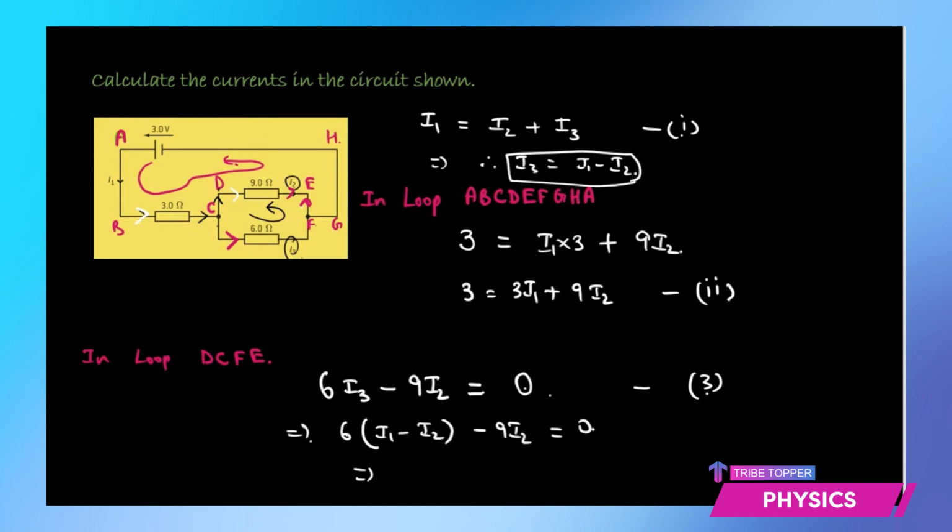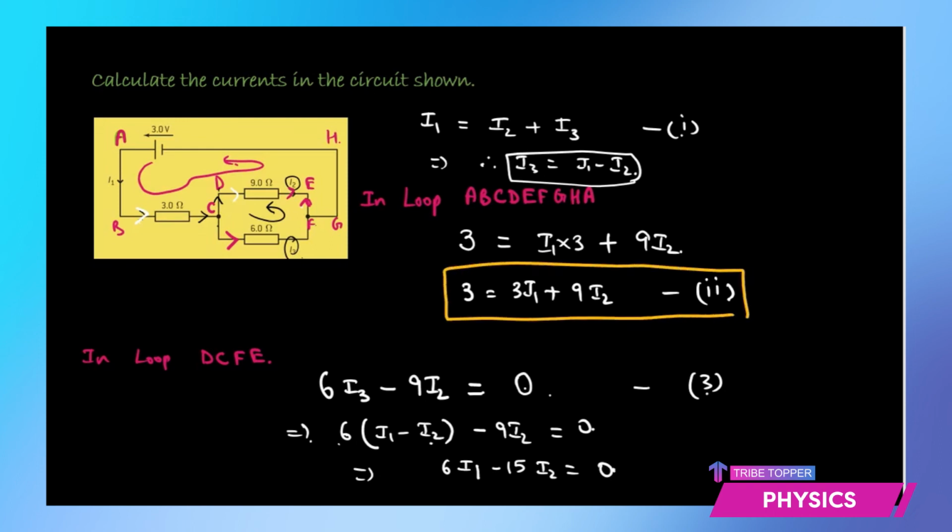So this gives me 6I1 minus 6I2 minus 9I2, so minus 15I2 is equal to 0. Finally, we have these two equations to be solved: 3 is equal to 3I1 plus 9I2, and 6I1 minus 15I2 is equal to 0. That's equation number 4. So let's solve equations 2 and 4 as simultaneous equations.